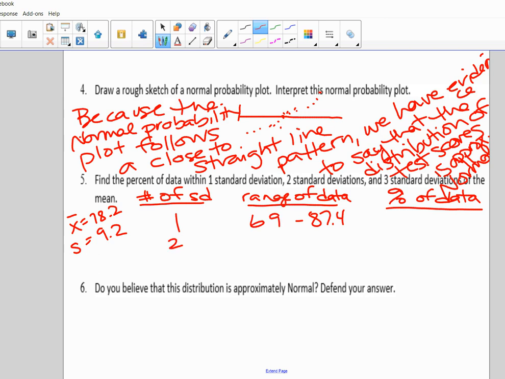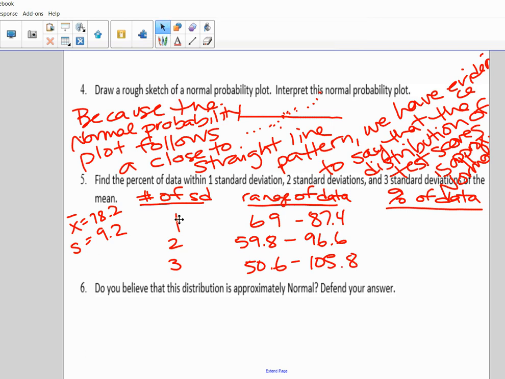Then within 2, so minus 9.2 again, so 59.8, and then 87.4 plus 9.2 is going to be 96.6. And then within 3 standard deviations, so 50.6 all the way up to plus 9.2, so 105. Okay, so those are my ranges of data.